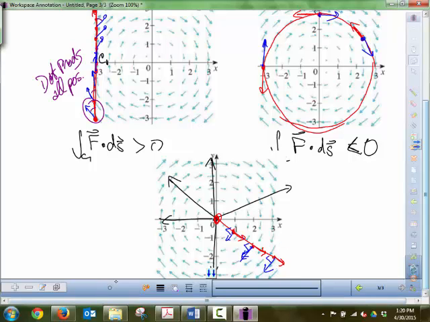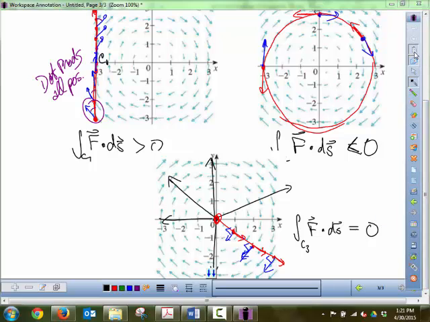So here in this case, we have our line integral is equal to 0. Okay? All right, so is that a good visual for line integrals?